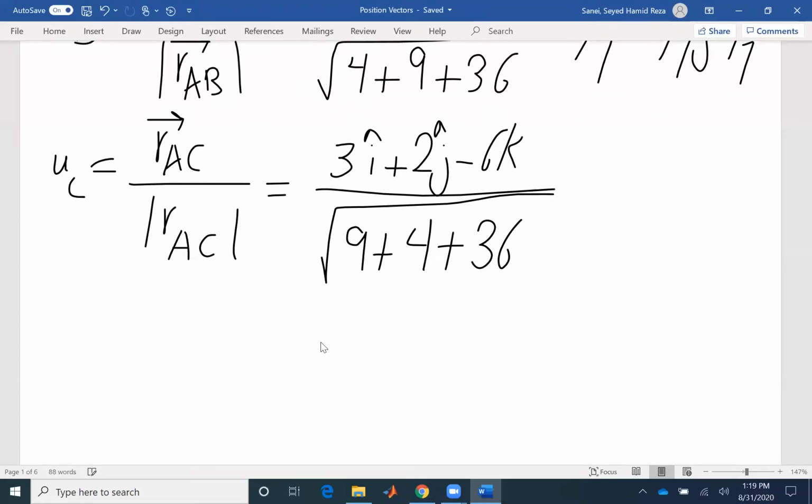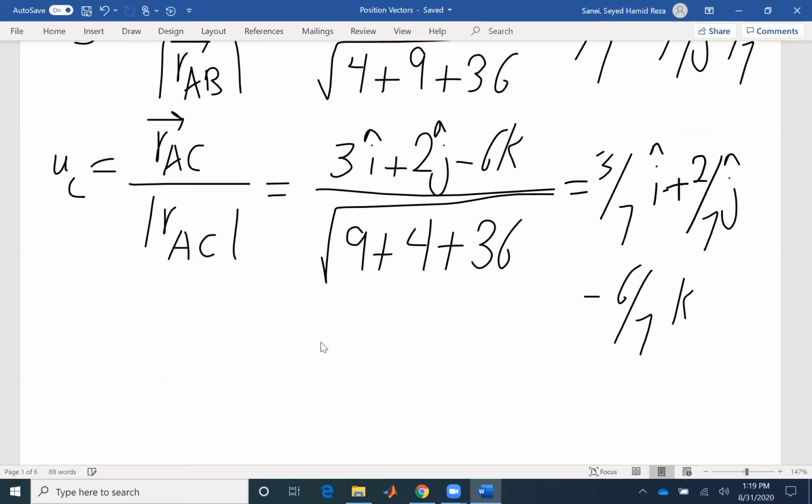You can see the denominator is the same as the previous one. So we know that would be 7. So 3 over 7 i, positive 2 over 7 j, and the third component, negative 6 over 7 k.